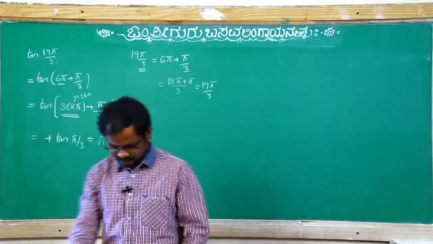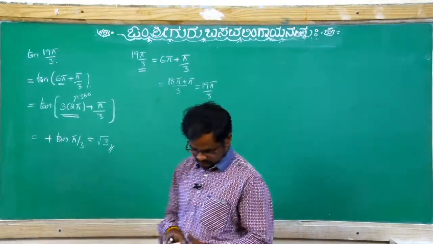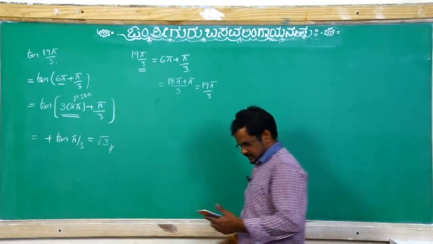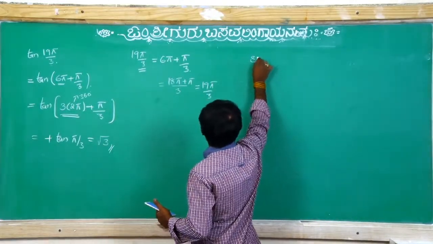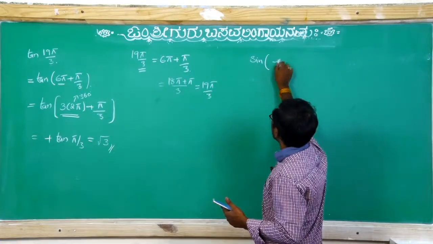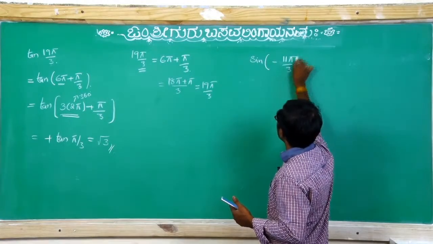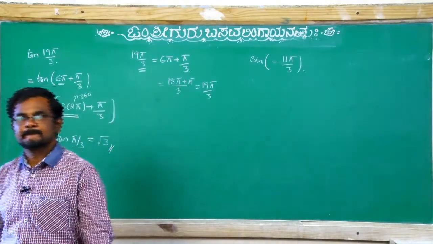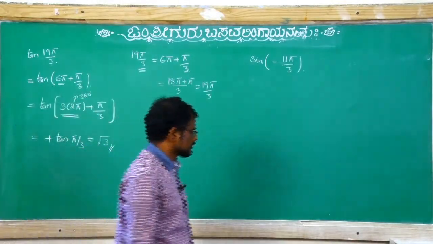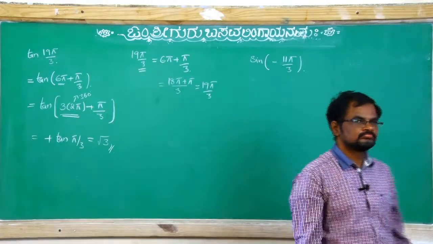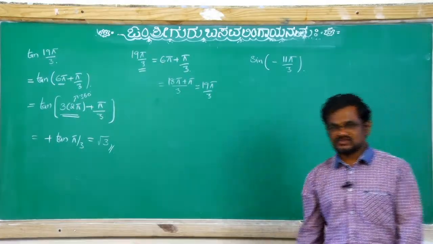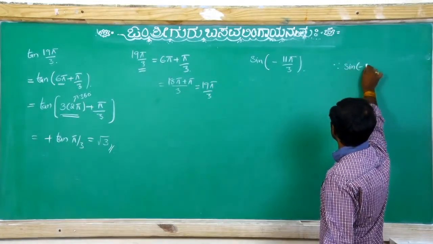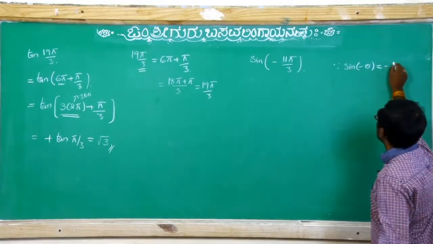Next, sine of minus 11 pi by 3. First what we have to do, negative angle is there, since sine of minus theta equal to what?